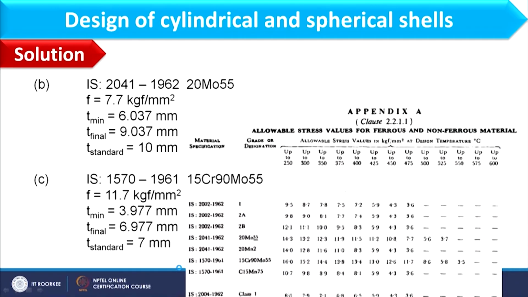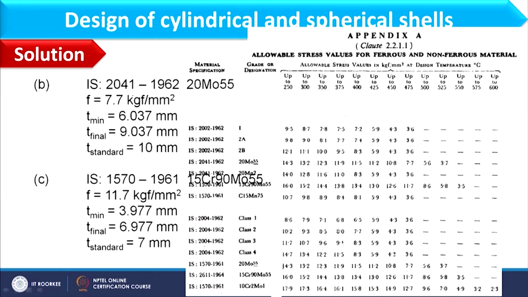And here you see material is IS 2041-1962, 20 molybdenum 55. So, this is the material, and corresponding to 475, 7.7 is the value which we have considered over here. And similarly IS 1570-1961, 15 chromium, 19 molybdenum 55.